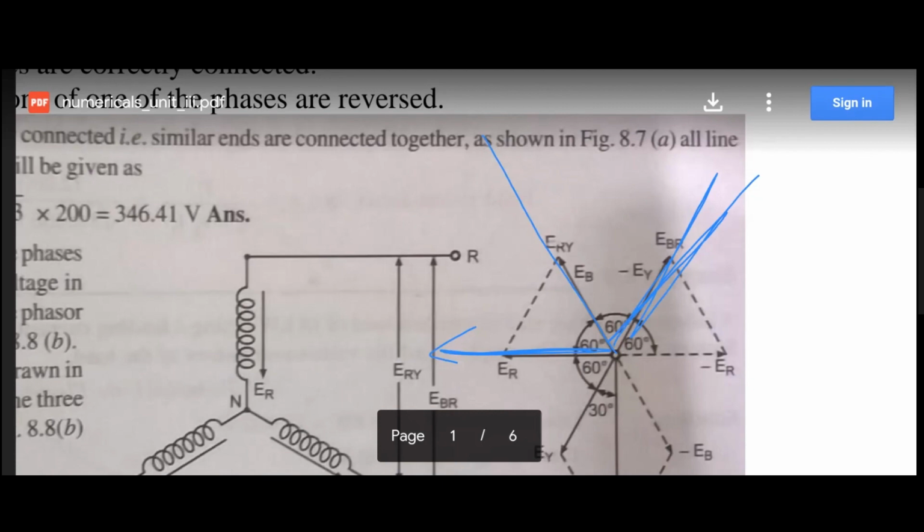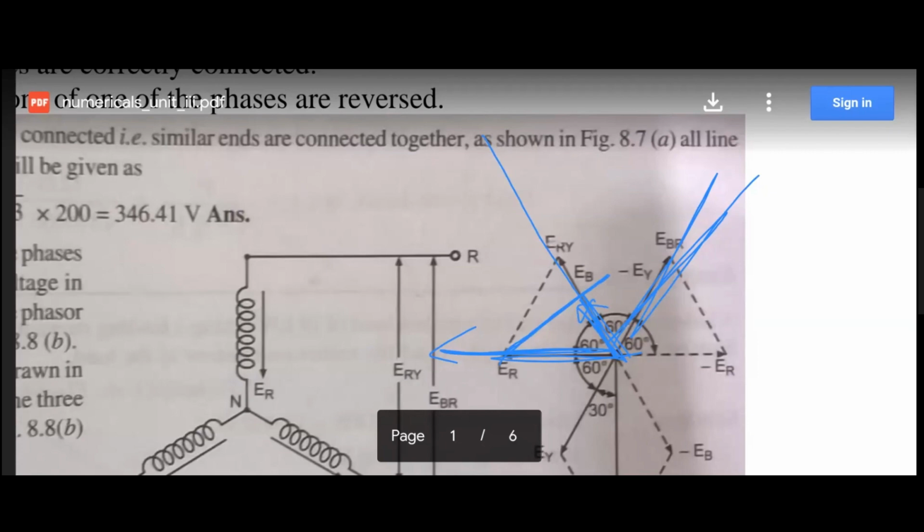If we draw the perpendicular here, this will become EP cos 60. This is our EP, the hypotenuse, the phase voltage magnitude, so cos 60 gives this base.